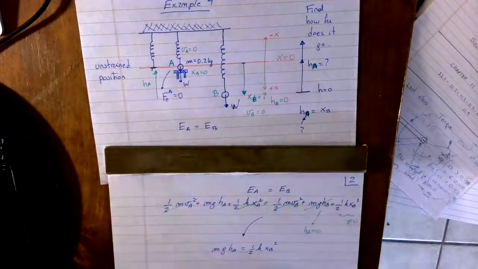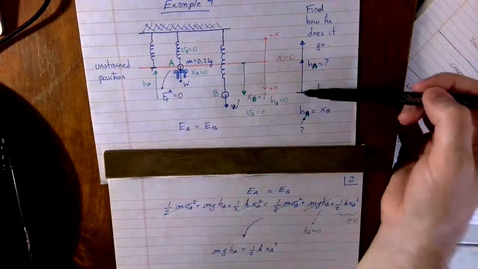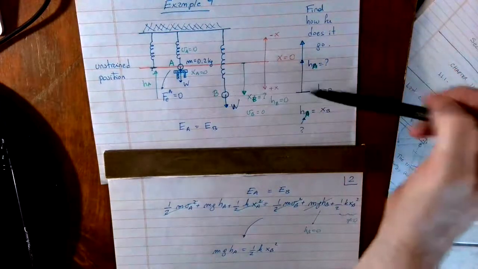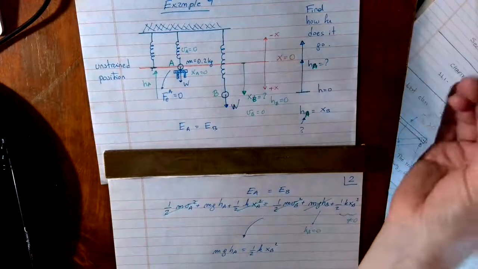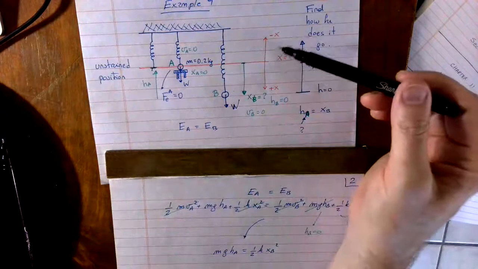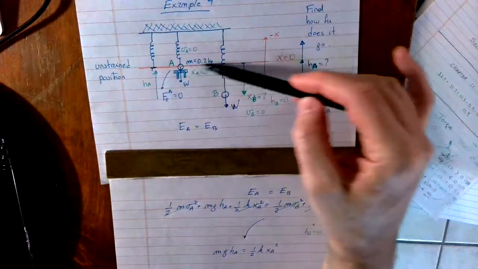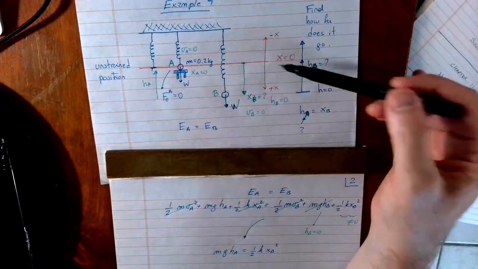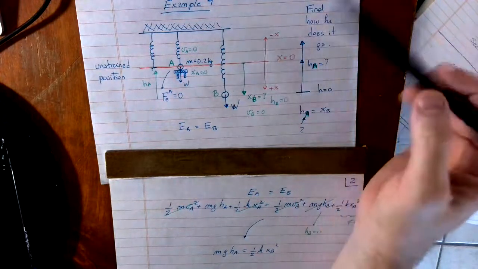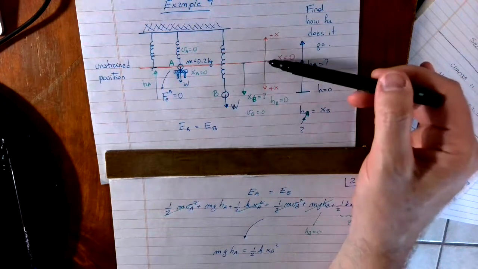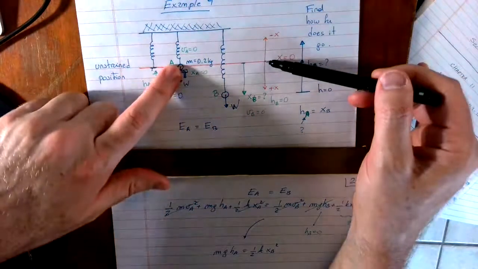So let us review why, going back here, one of the H values is 0 and the other one is not. Let's review what happened with X. X is clear. First you choose the coordinate system. Once you choose the coordinate system, the position should be super clear. My coordinate system for X is 0 at the initial position.